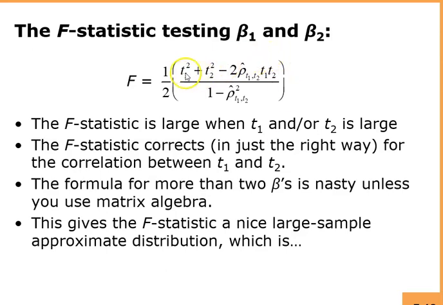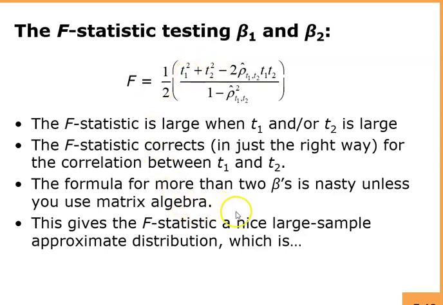So the higher the T-stats, T1 and T2, the higher will be the chance of rejecting the null hypothesis. Similarly, the higher the correlation between T1 and T2, the lower will be the chances of rejecting the null hypothesis, because the correlation term is basically being subtracted from the rest of the numerator.